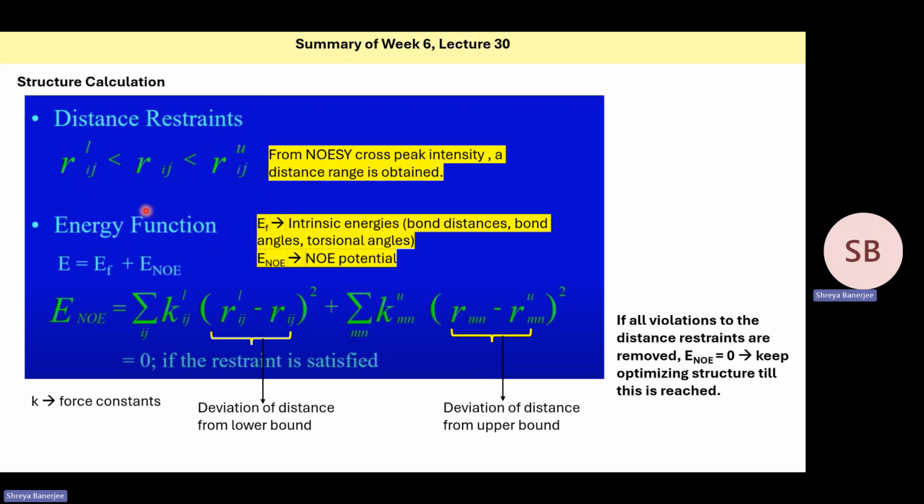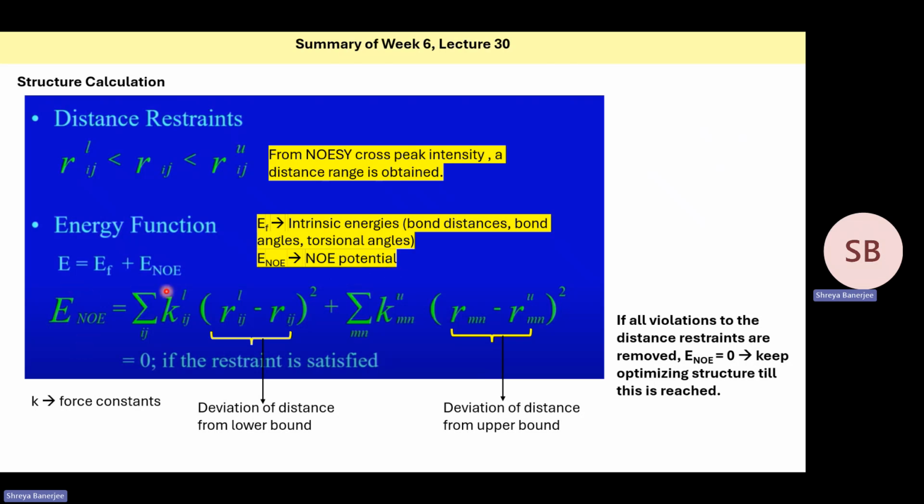Then we have an energy function. Energy function has two components. One is EF, that is the intrinsic energy. That means the energy due to the bond distance, bond angles, torsional angles, and so on. And the second portion is called ENOE, or the energy due to NOE potential.